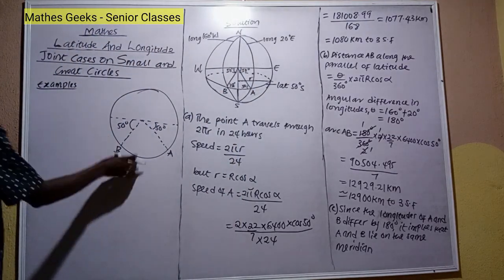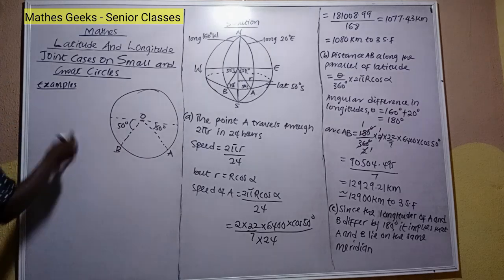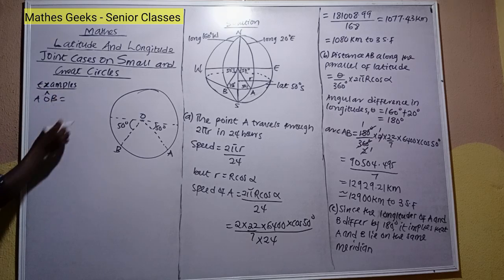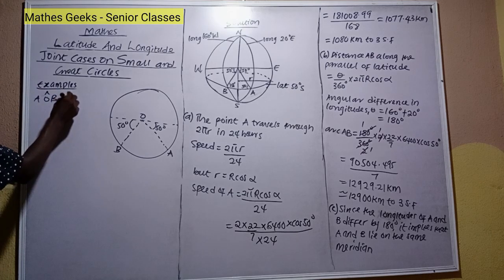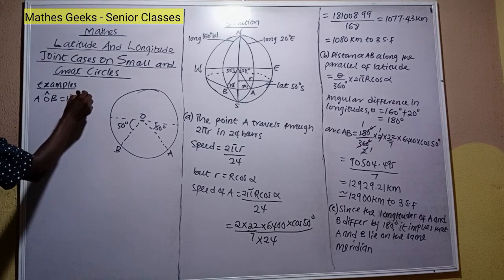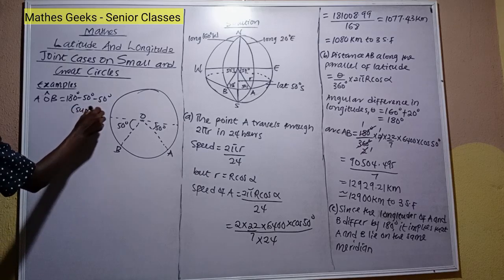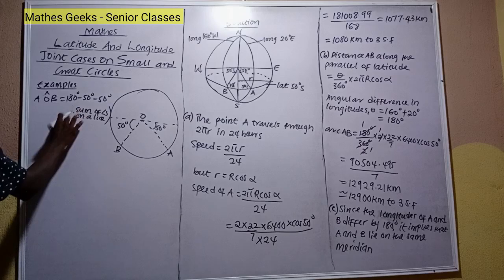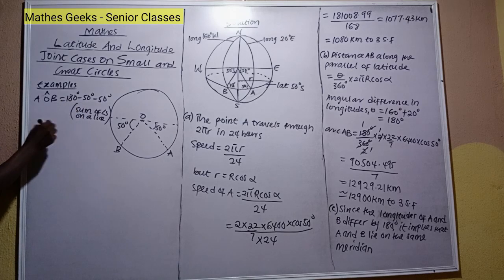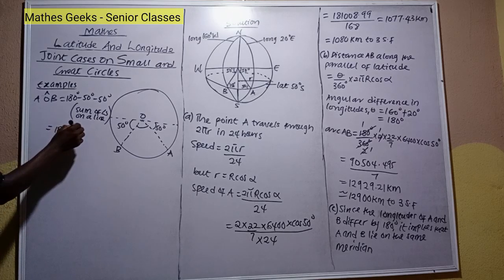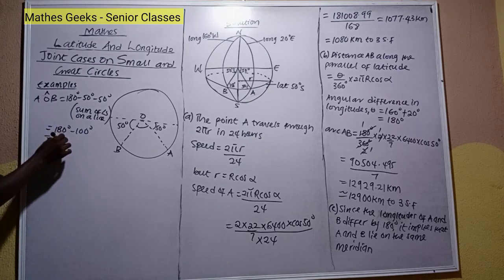Okay. So let's say angle AOB is equal to 180 degrees minus 50 degrees minus 50 degrees, by sum of angles on a line. So this angle here would be 180 degrees minus 100 degrees, which is equal to 80 degrees.